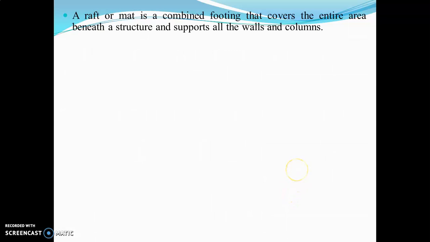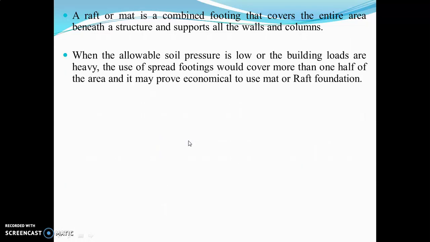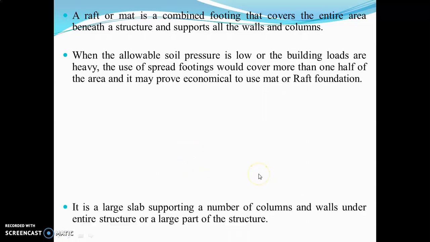A raft or mat is a combined footing that covers the entire area beneath a structure and supports all the walls and columns. When the allowable soil pressure is low or the building loads are heavy, the use of spread footings would cover more than one half of the area, and it may prove economical to use mat or raft foundation.